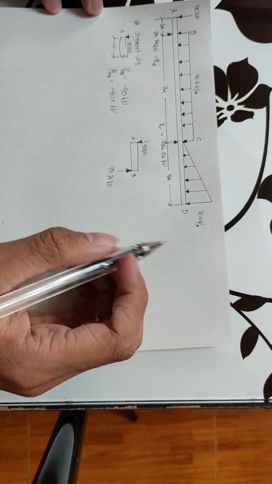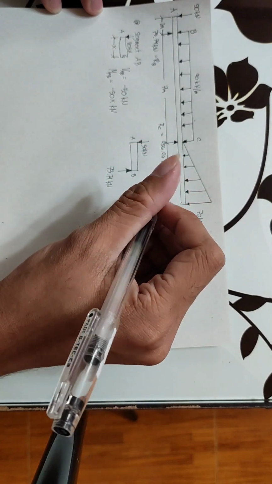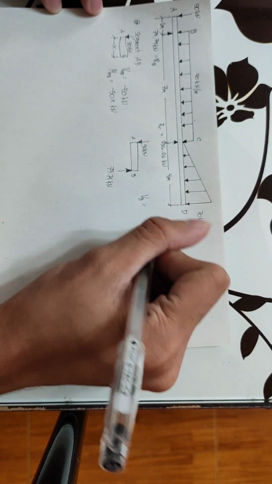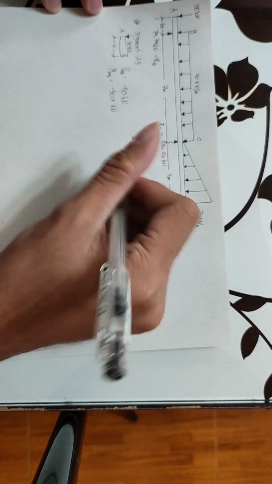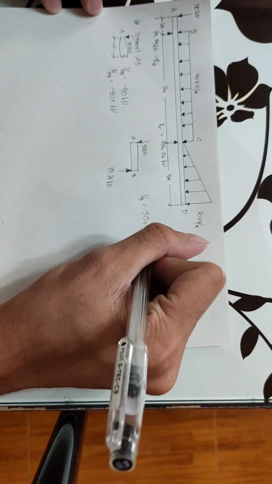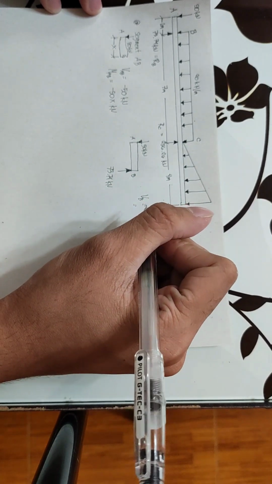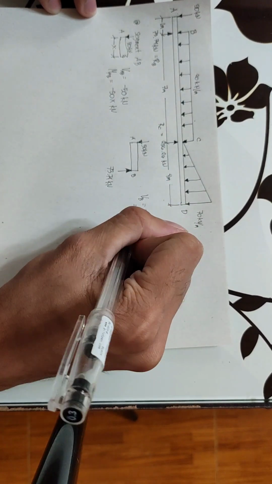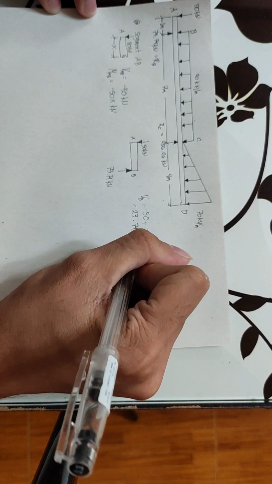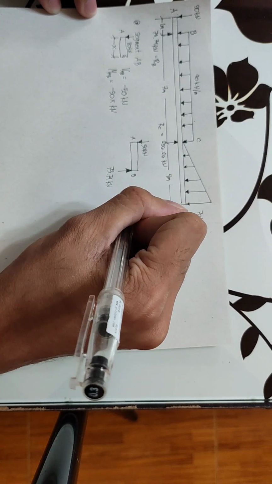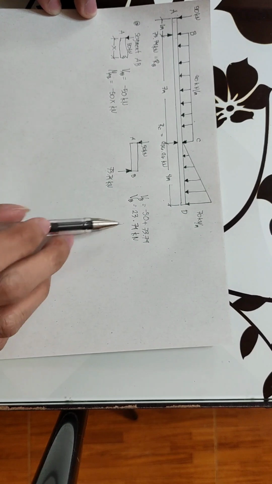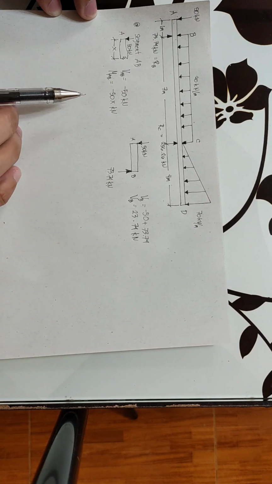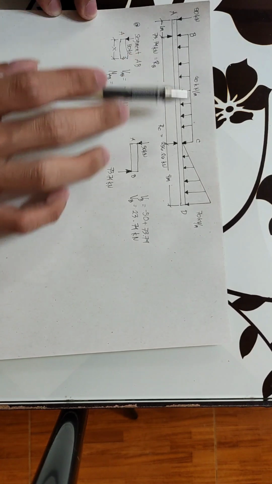So to solve for the shear at B, since downward is negative 50 and upward is positive 73.74, negative 50 plus 73.74 is 23.74 kilonewton. So VB will be 23.74 kilonewton. After that, we solve the shear and moment at segment BC.